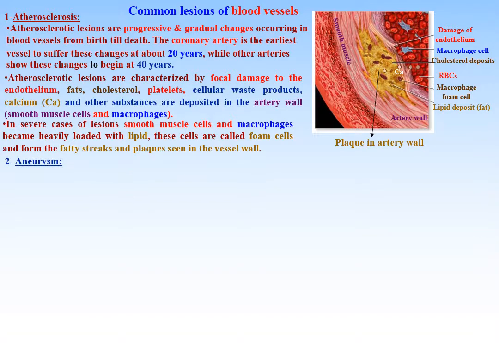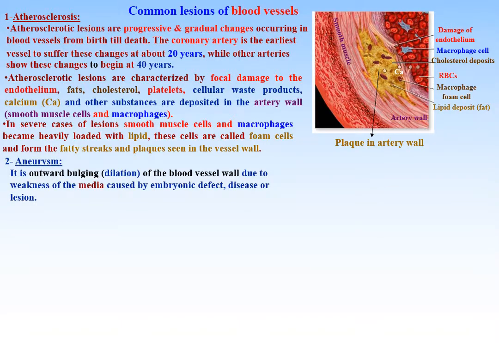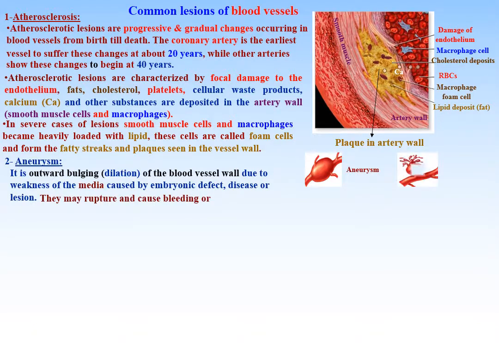Aneurysm: it is outward bulging or dilatation of the blood vessel wall due to weakness of the media caused by embryonic defect, disease, or lesion. They may rupture and cause bleeding or may compress adjacent areas.